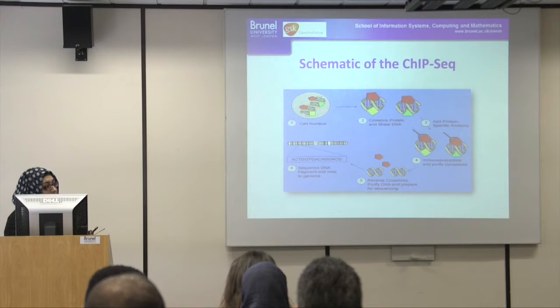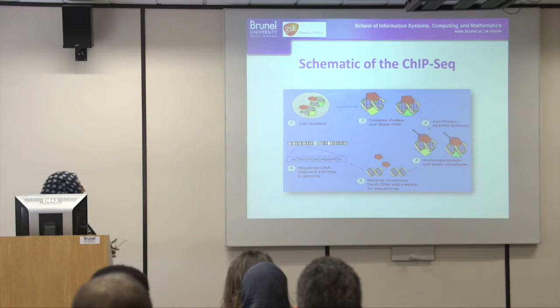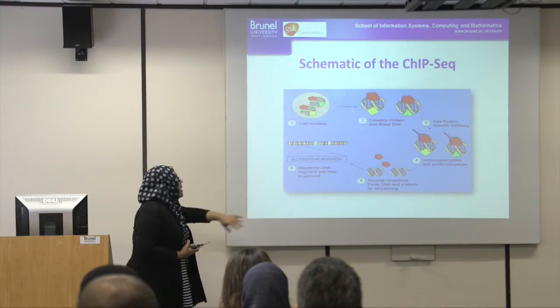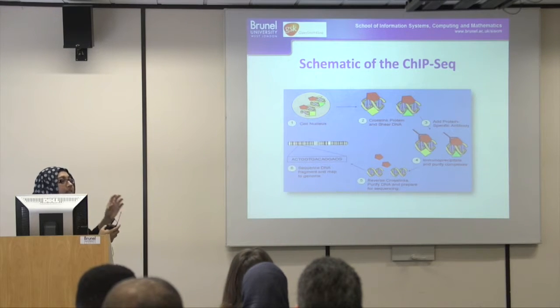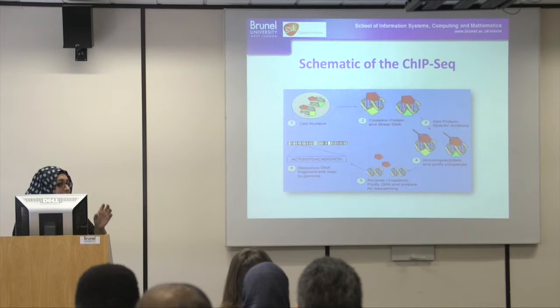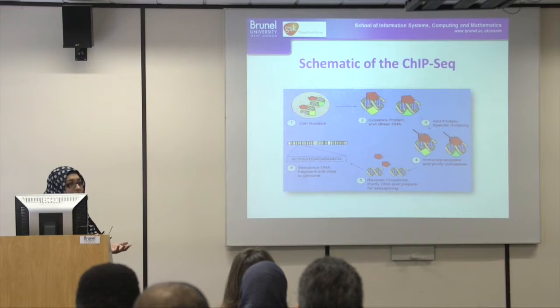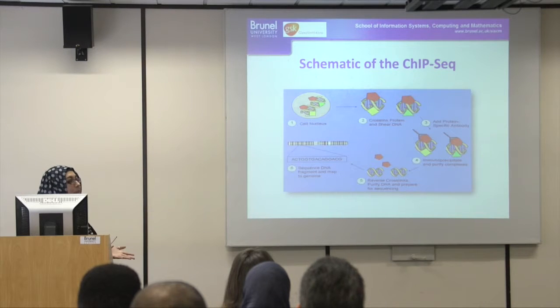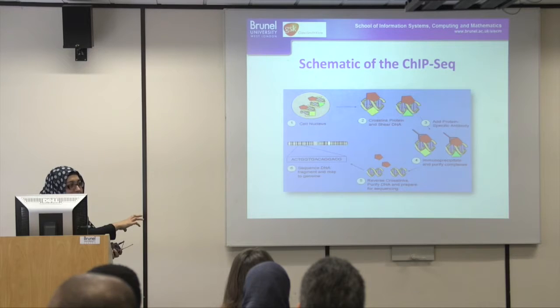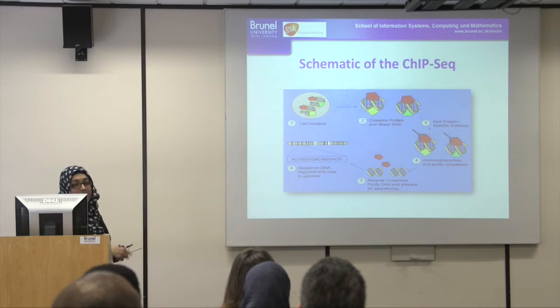Later, these DNA sequences are mapped back to the whole genome, to see where these protein-bound DNA sequences come from. And using different statistical analyses, we find out which of these locations are significantly bound by that protein, so we can see that the protein comes from that genomic location.